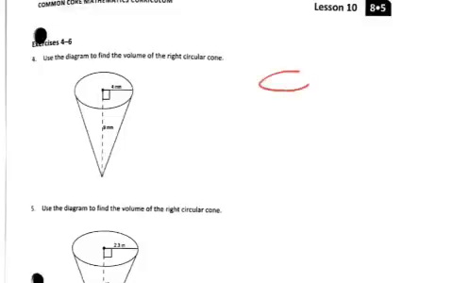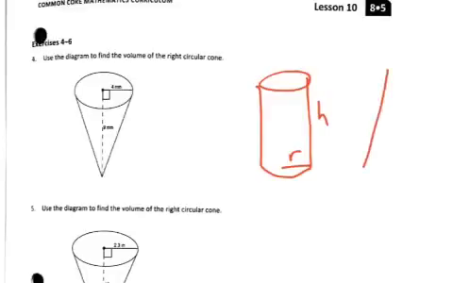If I had a cylinder of a certain height and a certain radius, and then I had a cone of the same height and the same radius.